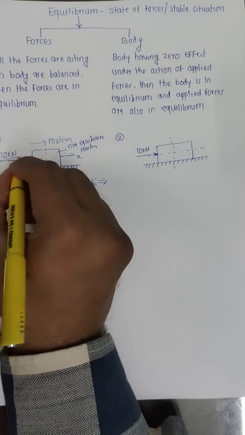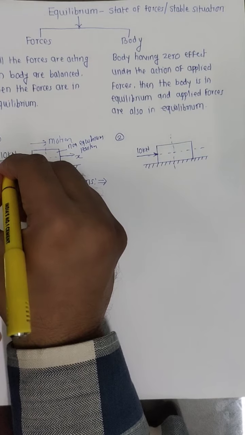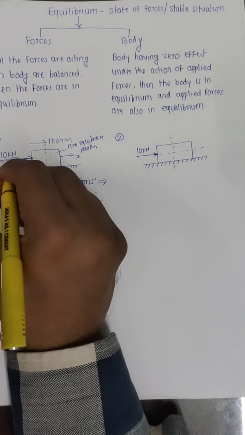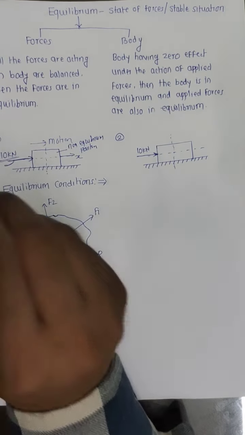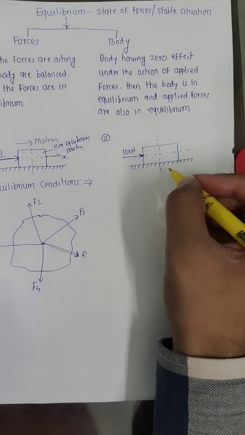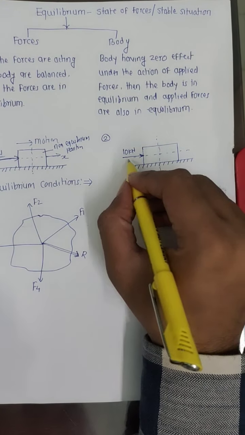Similarly, this force is not balanced by another force, so this force is also in a non-equilibrium position. Then in the second diagram, the same block is placed on the surface, and a 10 Newton force is applied.